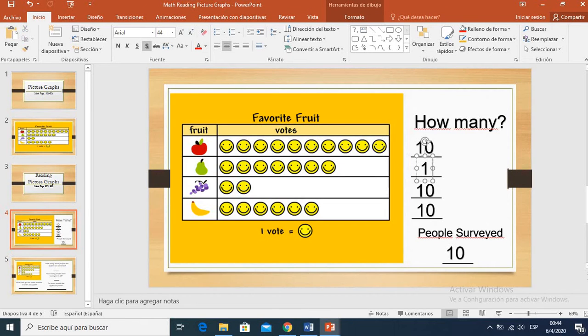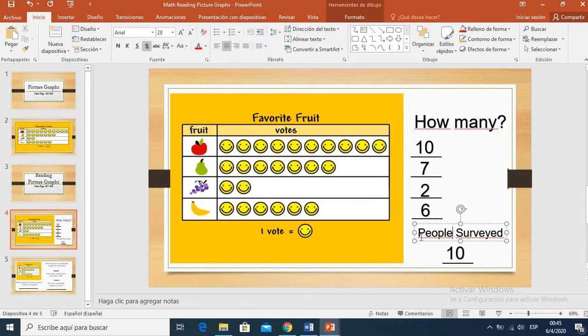So here I need to erase and write the correct number, 7. Now, how many people like grapes? 1 and 2. I erase here and write the correct number, 2. How many people like bananas? 1, 2, 3, 4, 5, and 6. 6 people like bananas. Yes?